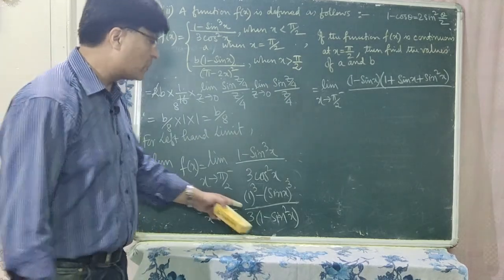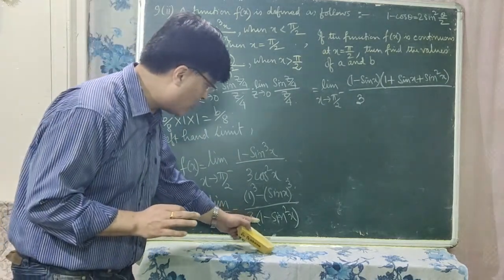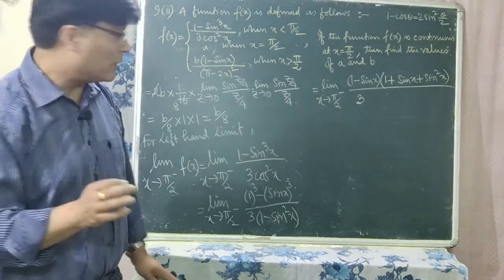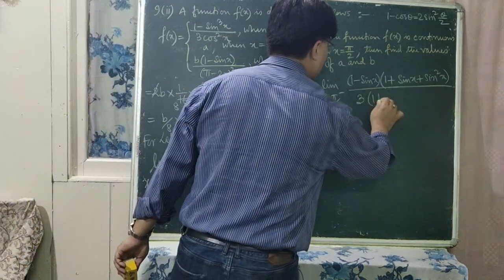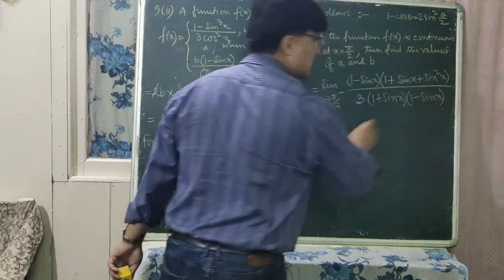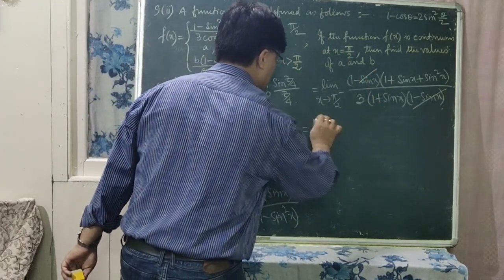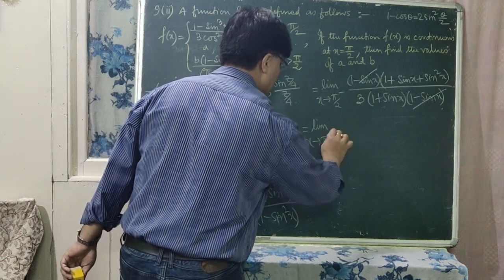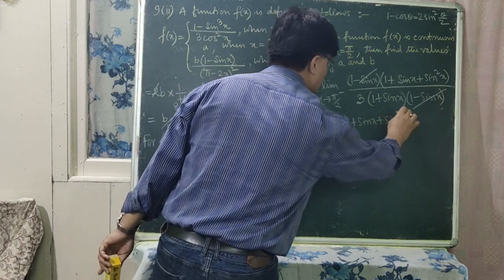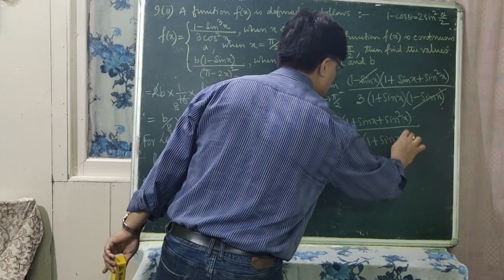Now in the denominator, 3 remains as it is. Now this is 1 whole square minus sine square x, a square minus b square. What is a square minus b square? A plus b into a minus b. So it is 1 plus sine x into 1 minus sine x. Is that clear? So you can cancel them. 1 minus sine x will be cancelled, which is equal to limit x tends to pi by 2 minus, it is 1 plus sine x plus sine square x divided by 3 into 1 plus sine x.